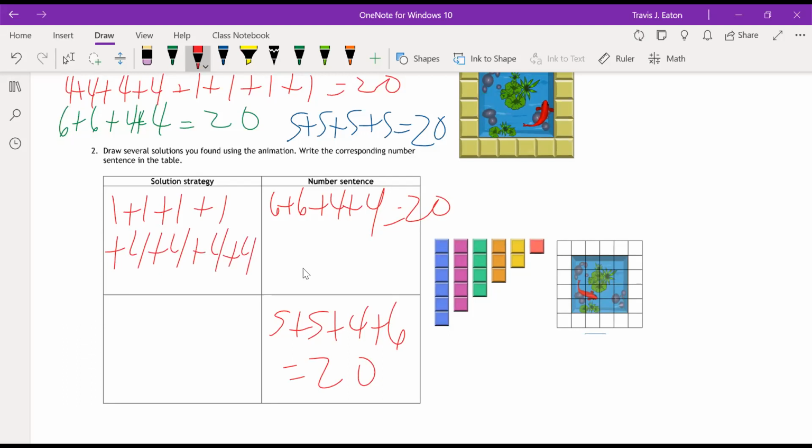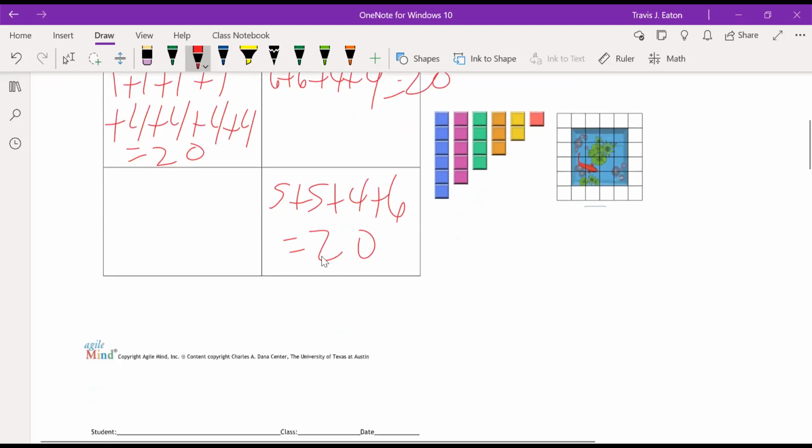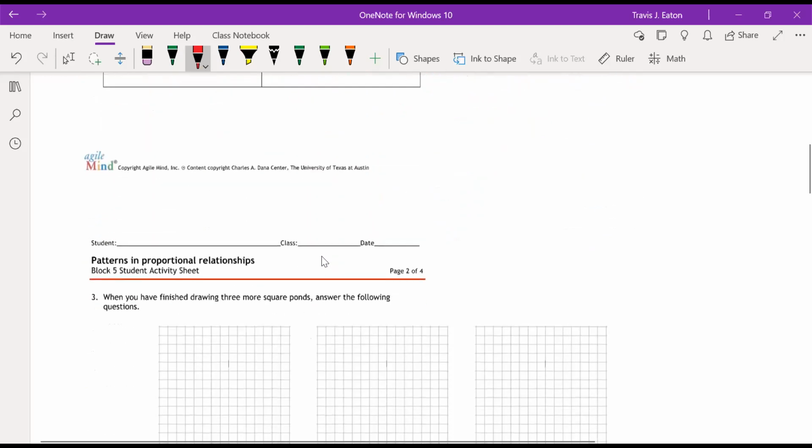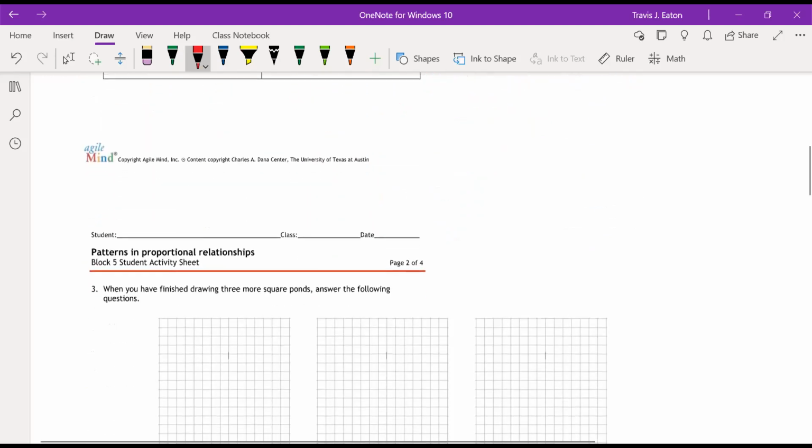That also equals 20. So it's entirely up to you what you want to do with that box, but you definitely need to make sure that you have some number sentences that correspond with that. Now, the next thing we need to do is ask yourself this question: what if the landscaper decided to make a pond that had different dimensions?